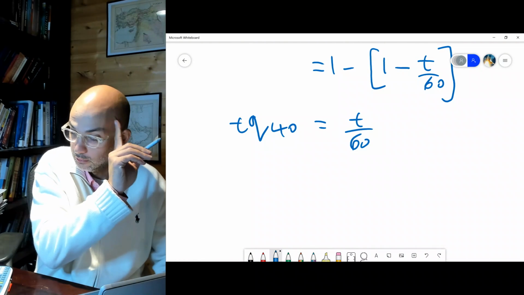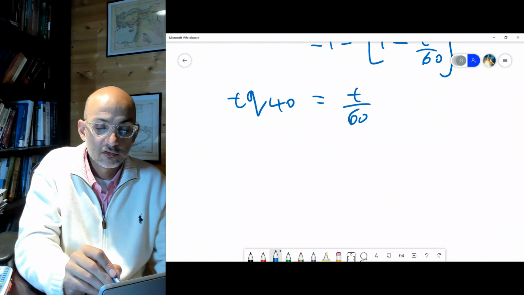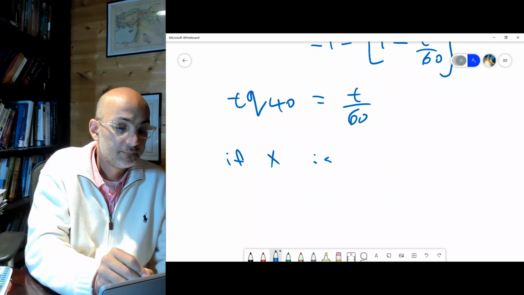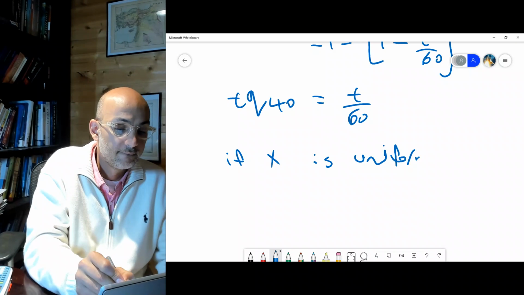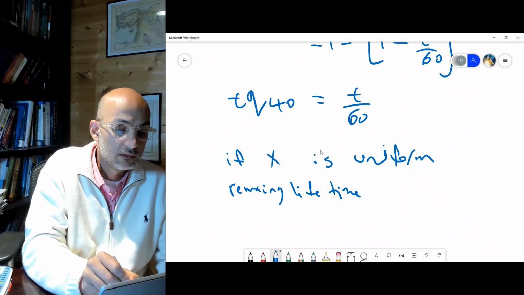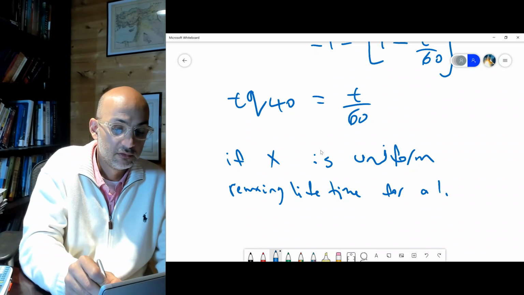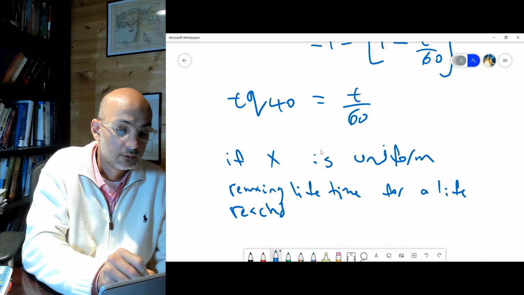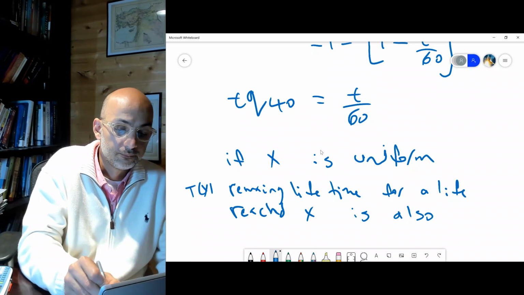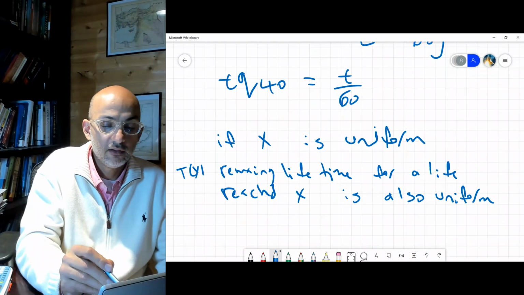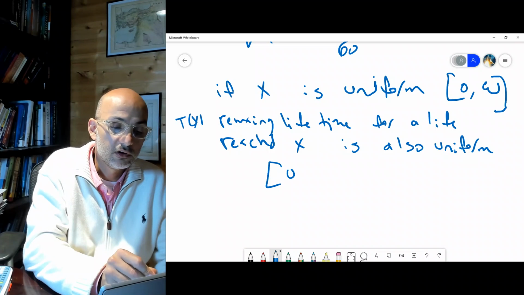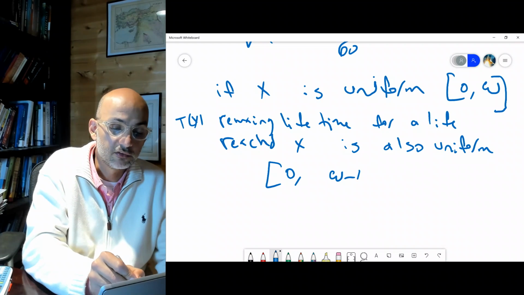This is similar to the relationship we discussed in the past: if x is uniform between 0 and omega, then the remaining lifetime T of x for a life that reached x is also uniform, but instead of 0 to omega, it is between 0 and omega minus x.